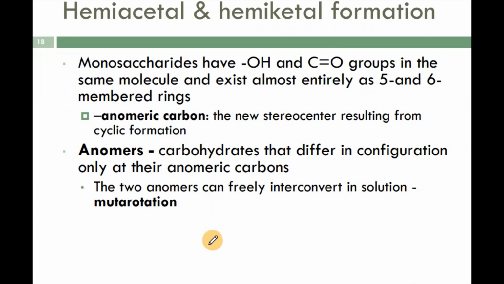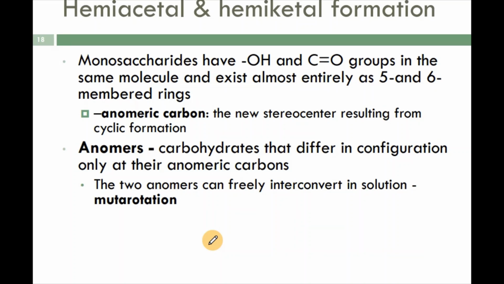So this is just a brief write-up. Monosaccharides have OH and carbonyl groups on the same molecule, as shown, because they are polyhydroxy aldehydes or ketones, and they exist almost entirely as five- and six-membered rings. As we discussed earlier, the five-membered ring is what we call a furanose or furan, and the six-membered ring is what we call a pyranose or pyran.